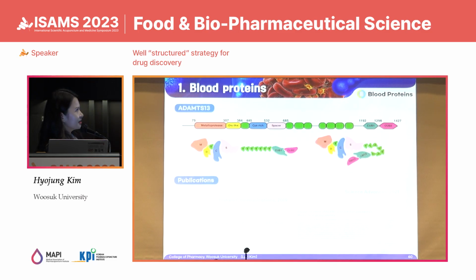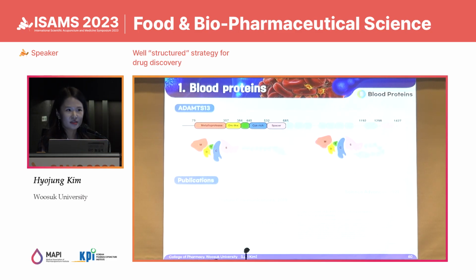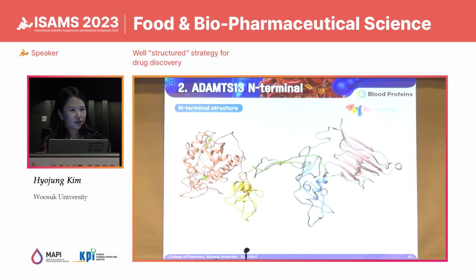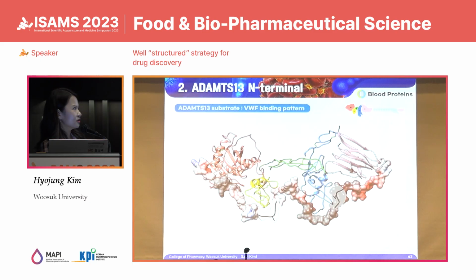So I published two papers about the structure of ADAMTS13, the scissor structure. It has the blade that actually functions as a knife in the N-terminal, and the C-terminal domain is a protector for the blade. The structure of the blade is like that, and I can see the blade is in the bottom area. And these blades are aligned in one line so that their partner can bind easily to the blade of the scissor.